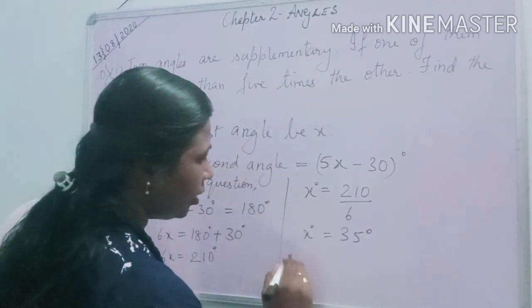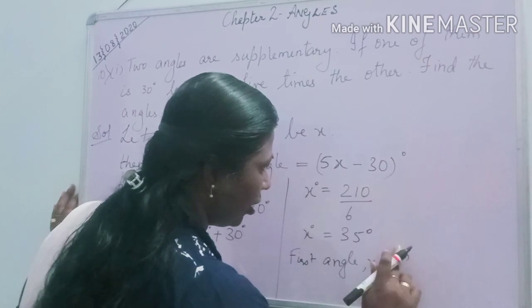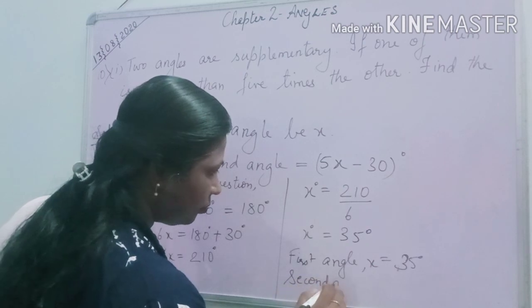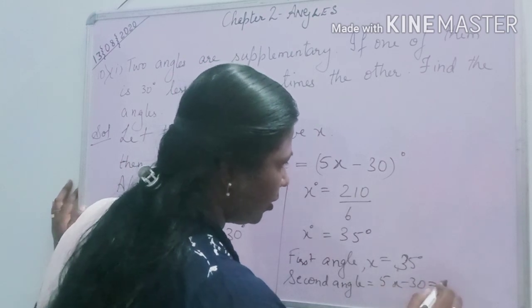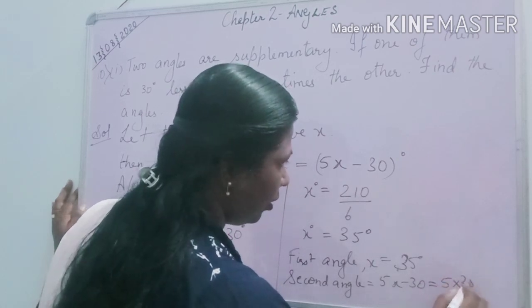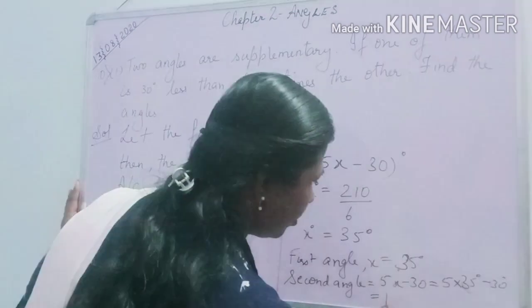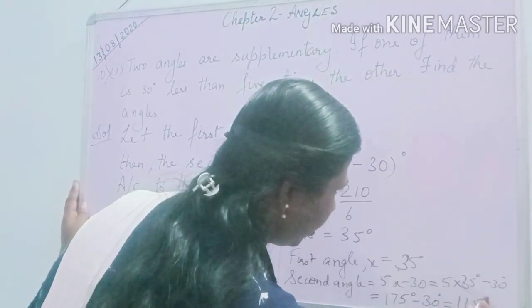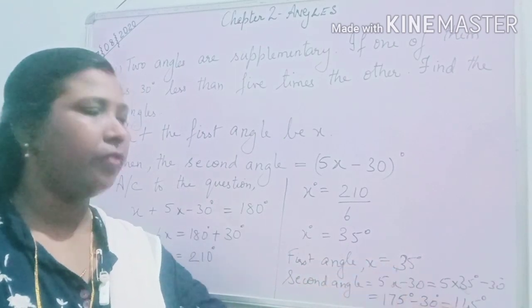The first angle x is equal to 35 degrees. Then the second angle is equal to 5x minus 30, that is equal to 5 into 35 degrees minus 30 degrees. So 5 into 35 is 175 degrees minus 30 degrees, that is equal to 145 degrees. So the angles are 35 degrees and 145 degrees.